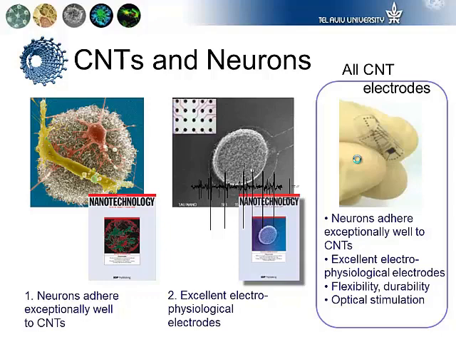If anybody here doesn't know what carbon nanotubes are, these are multi-wall carbon nanotubes, concentric cylinders made of carbon. And I mean, who doesn't know what carbon nanotubes are? So the first very important feature is the fact that it's very easy, using various methods, to grow a very high density of carbon nanotubes.